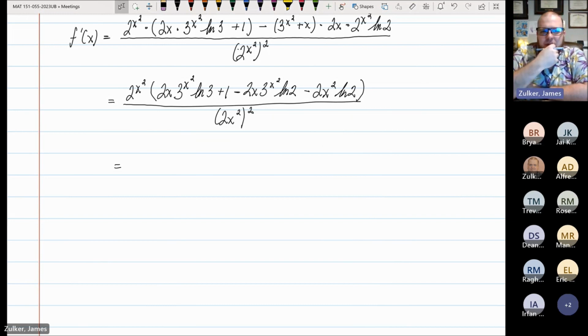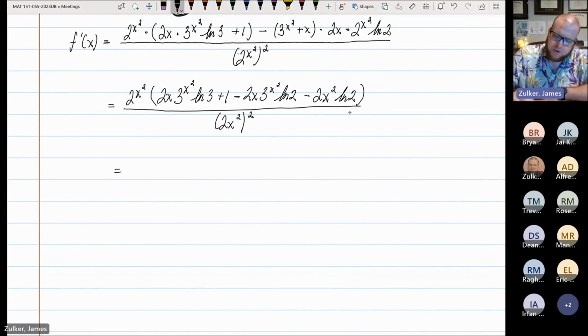Now, there's a couple ways to simplify this. Obviously, the 2 to the x squareds, they're going to simplify. So from there, we can either group the terms with natural log of 2 together, or we could group the 2 terms that have the 2x, 3 to the x squared together.